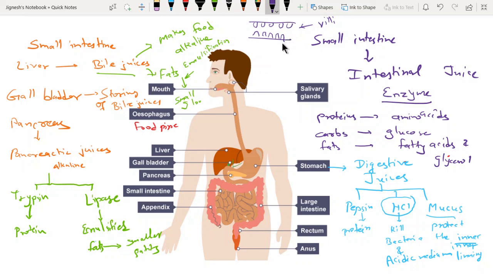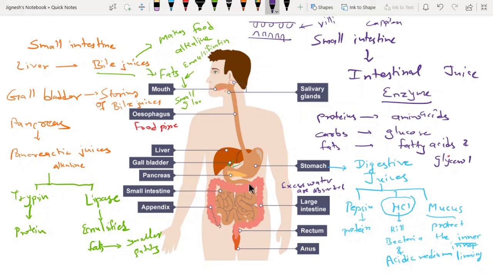After absorption, these villi contain lots of blood vessels, tiny capillaries, which absorb all the digested food. Whatever is undigested comes into the large intestine, where excess water is absorbed.